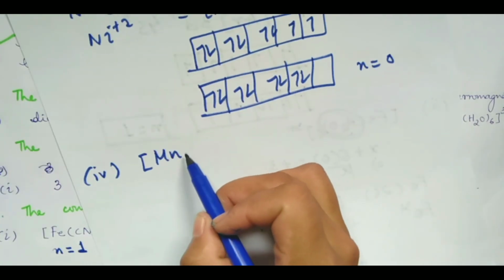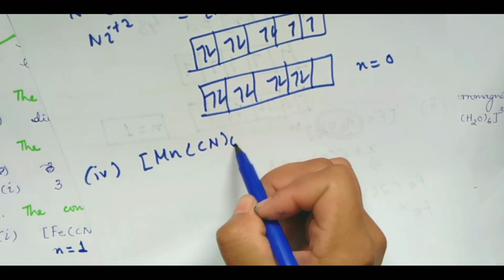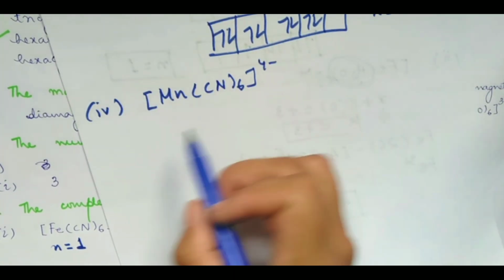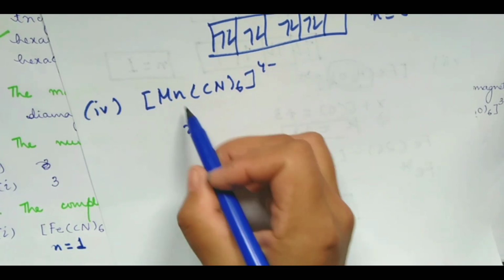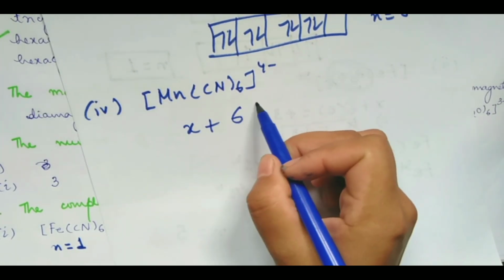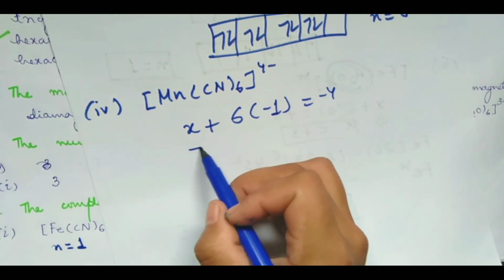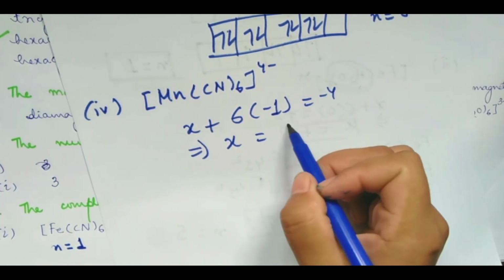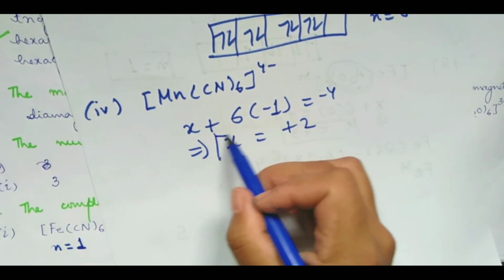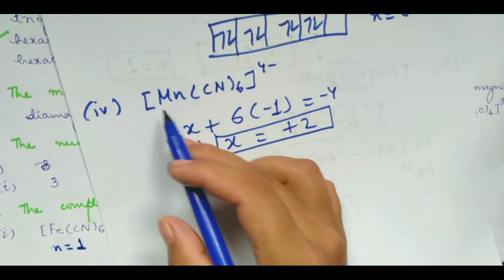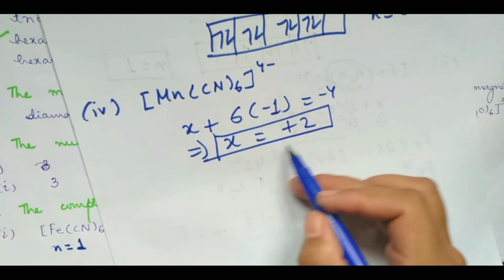Mn(CN)6 4-. Find the oxidation state of manganese. 6 into the charge carried by the ligand equal to -4. So here manganese is in the +2 oxidation state.